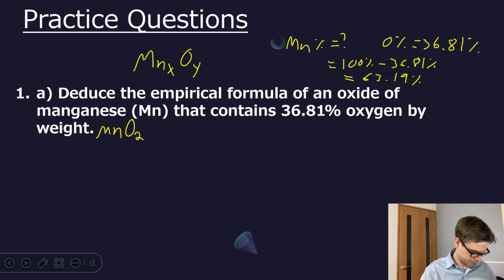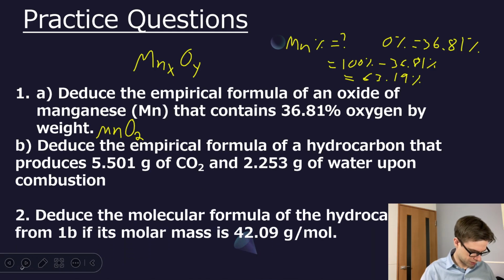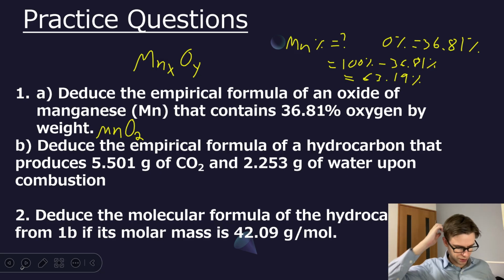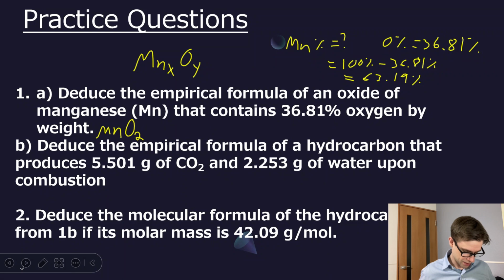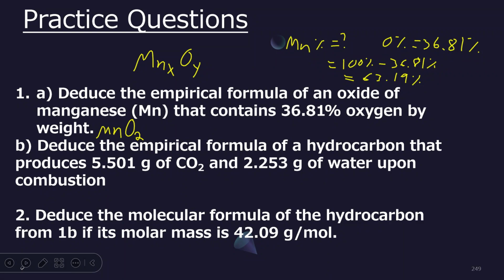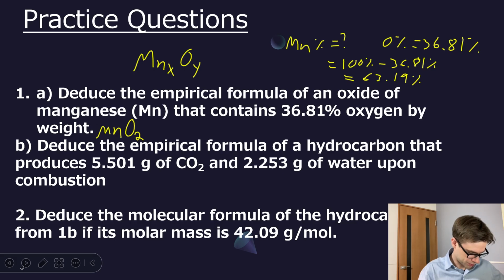Okay, so let's see what else we have. So part B, deduce the empirical formula of a hydrocarbon that produces 5.501 grams of CO2 and 2.253 grams of water upon combustion. And another part of this, deduce the molecular formula of the hydrocarbon from 1B if its molar mass is 42.09 gram per mole. Okay, I think we have to go to the whiteboard for this.